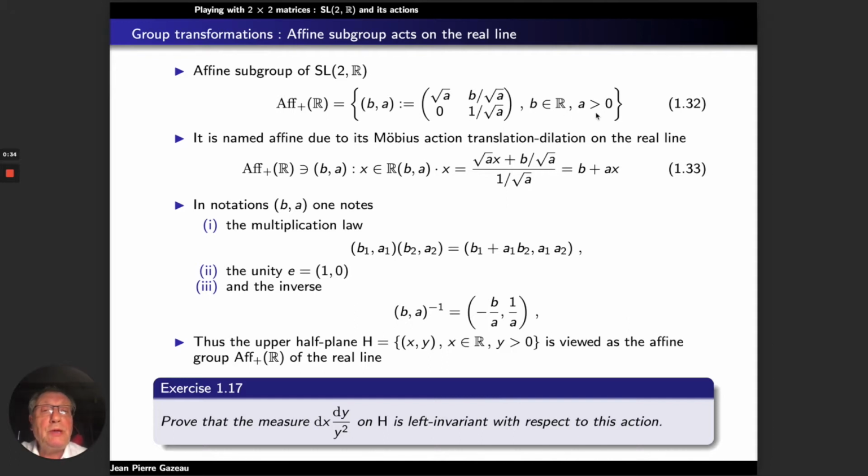for A positive, and 0 on the left bottom, and a real parameter B divided by square root of A on the right top of the matrix.